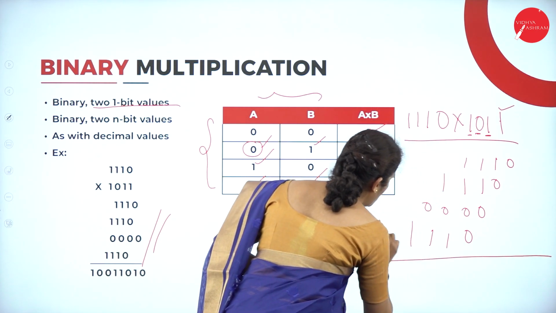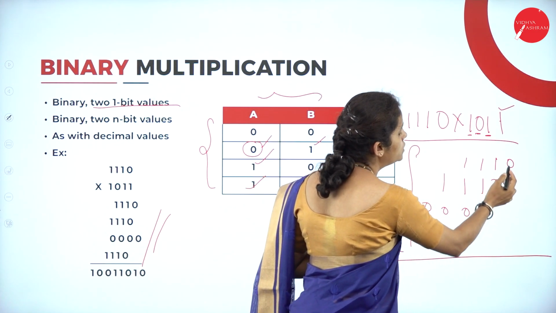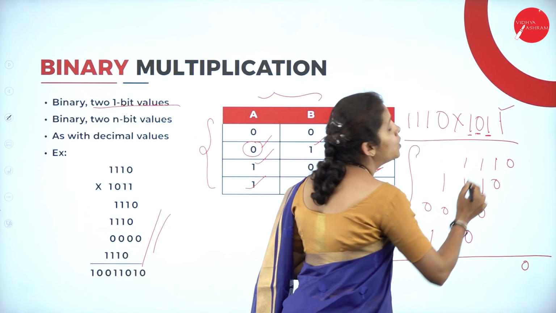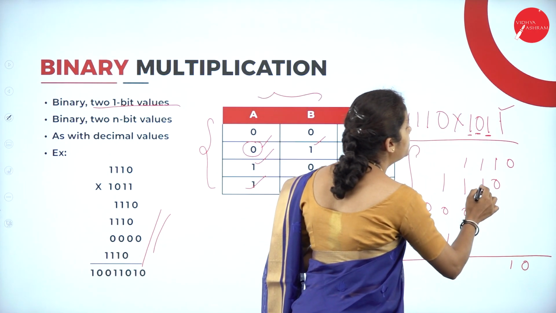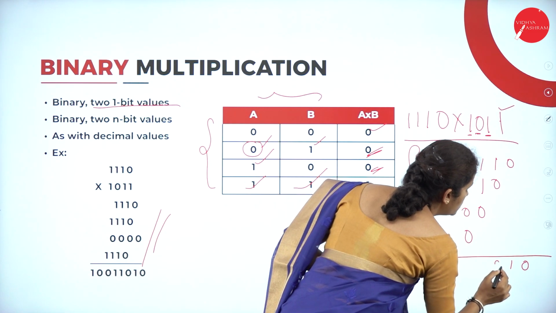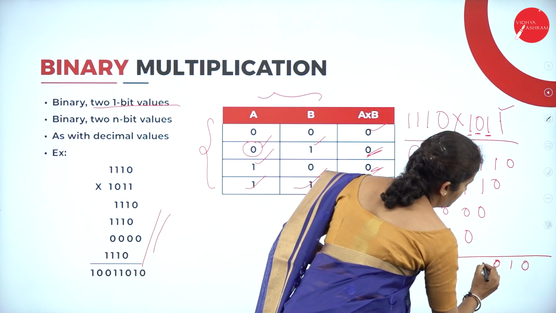Now, I'm going to add all these bits together. So, 0, I'll write as it is. 1 plus 0, I'm going to get 1. 1 plus 1, it is 0, and 1 is carry.